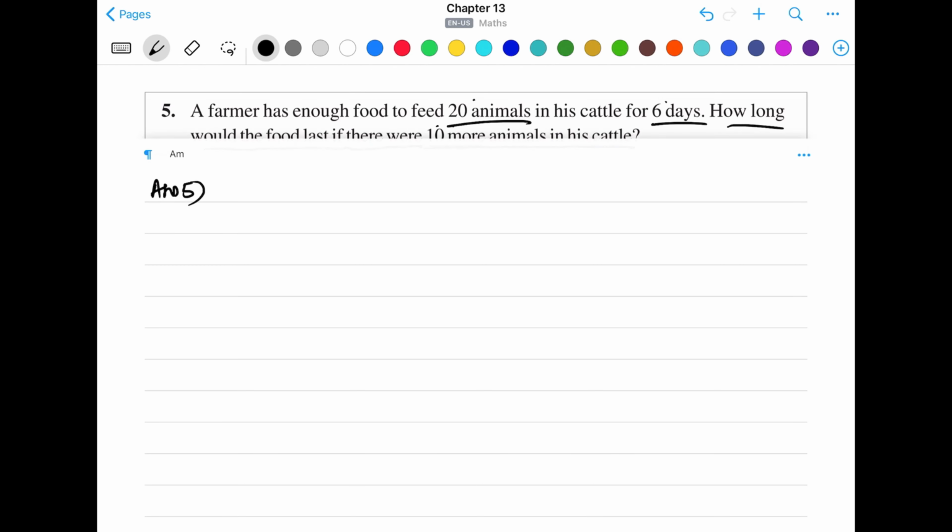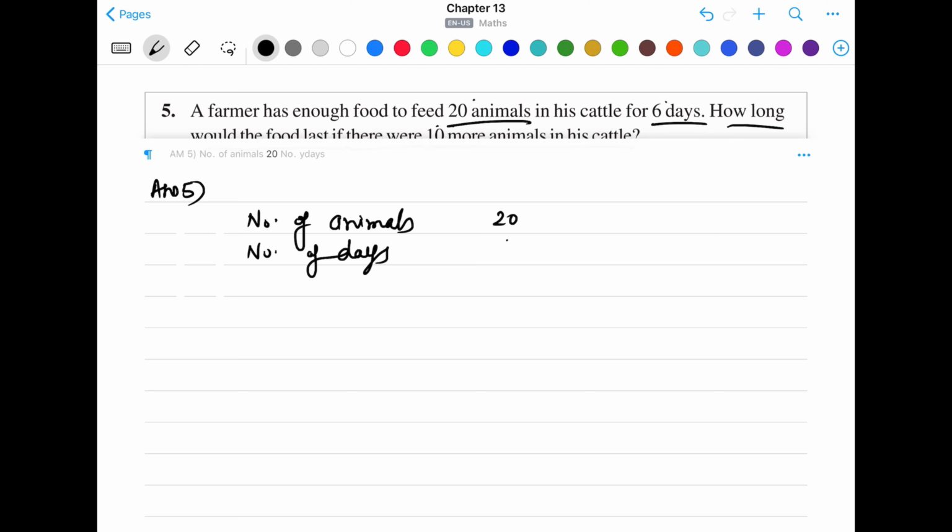Let's write the answer number 5. We're going to represent this data in the form of a table. First we will write the number of animals and number of days. Whatever information is given, you will first represent in a table form.